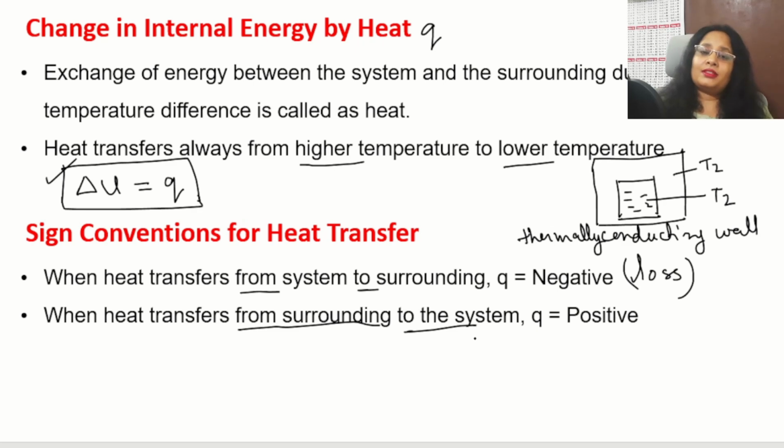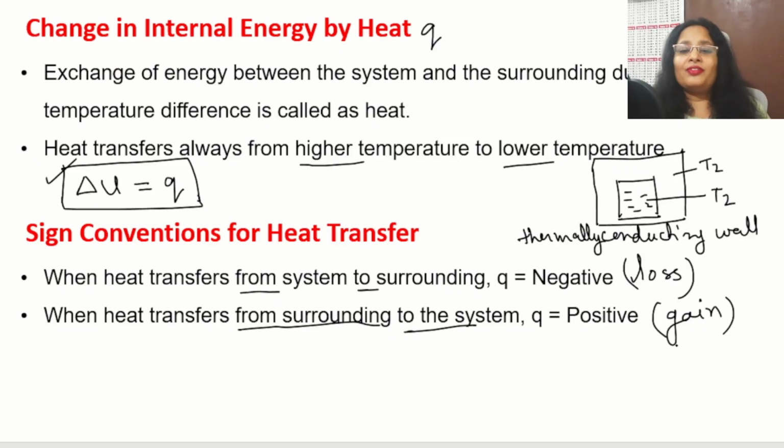If the system is taking the heat, it means the temperature will rise inside the system, which means a gain in internal energy. So gain always has the positive sign. So friends, this much is enough for understanding heat and work.